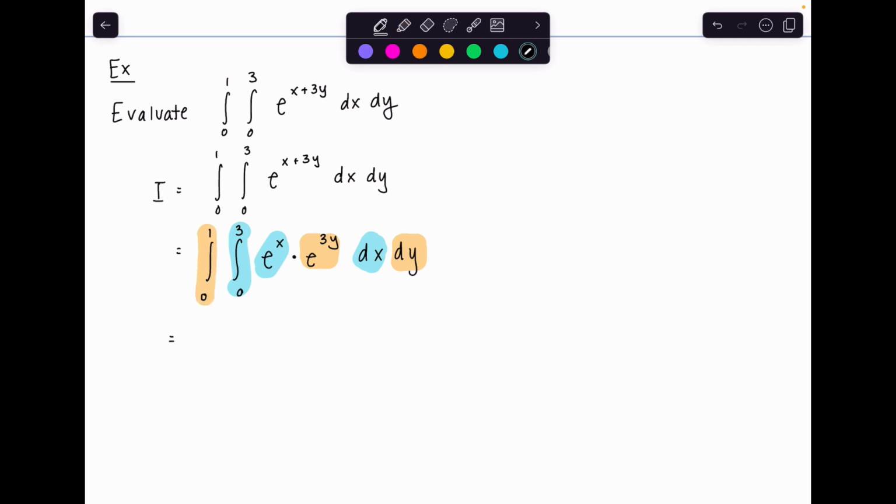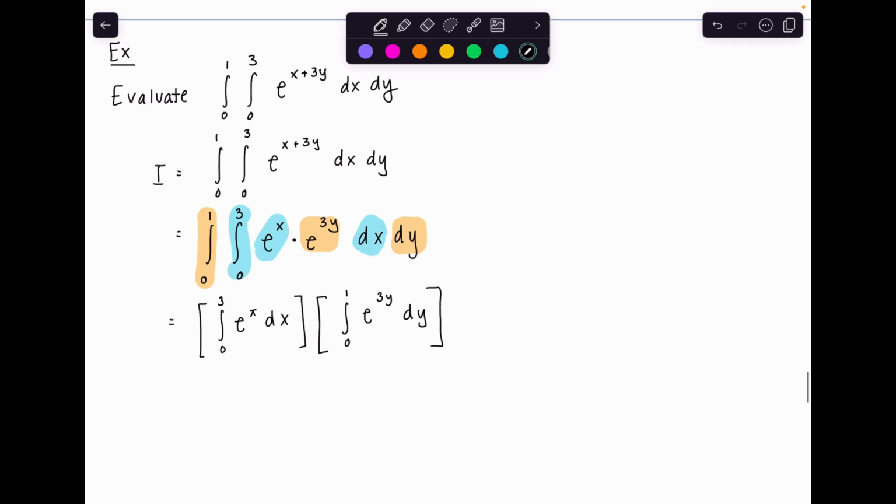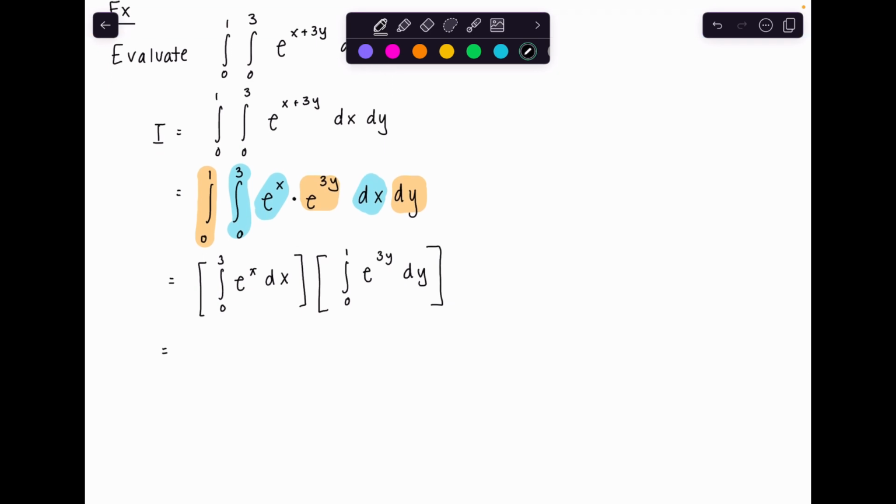So instead of taking this step by step, I can separate this as the integral from 0 to 3 of e to the x dx, and then the integral from 0 to 1 of e to the 3y dy. You can take it one integral at a time now, and then just combine them at the end.